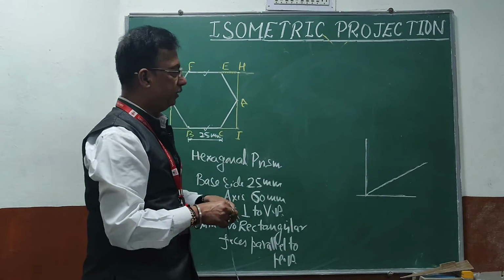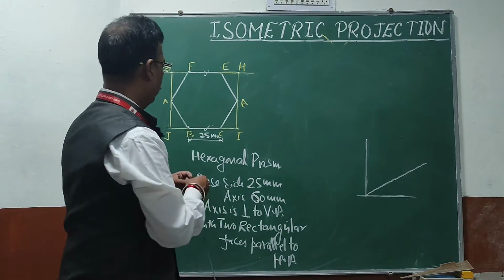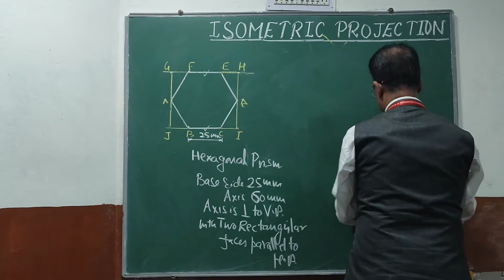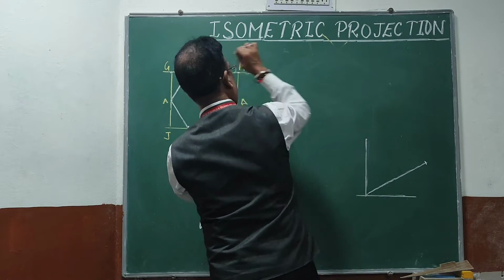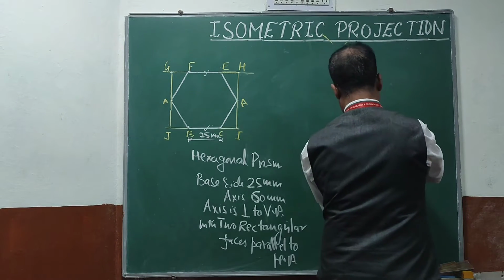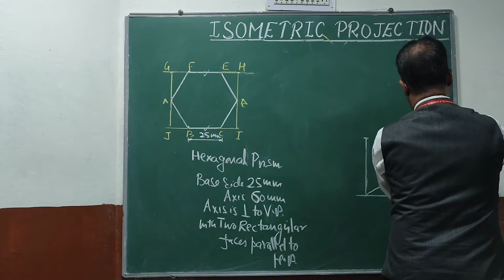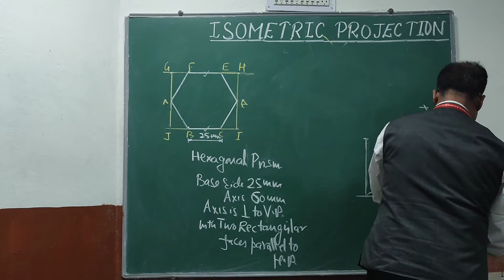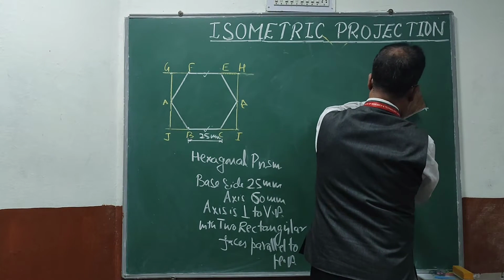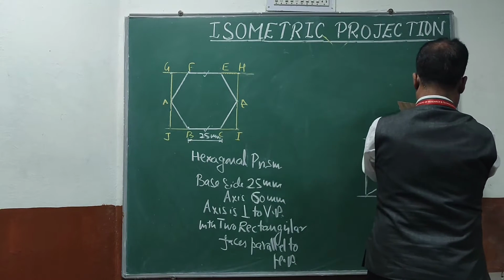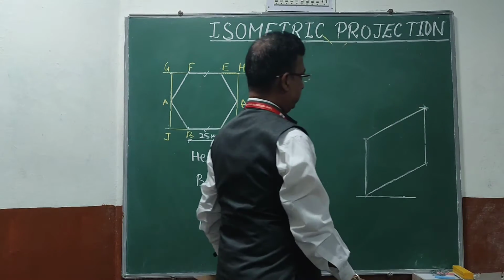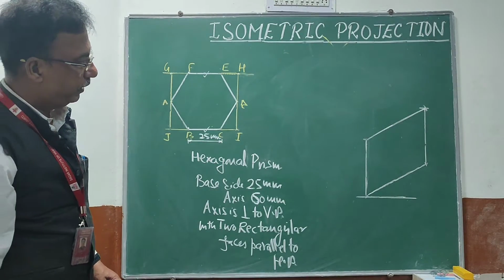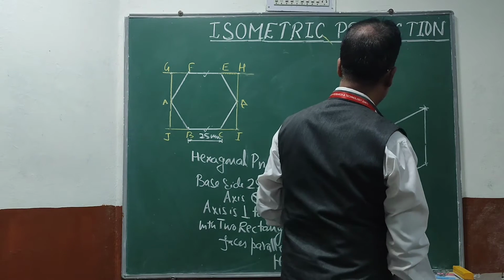So this will go on the 30 line and the next side will go on the 90 line. This length, that is the height of the rectangle, will go on this, and you can go parallel, or with the help of arcs I can mark these two lines, and if I join these two, this is the required rectangle in isometric projection when this is the front view.